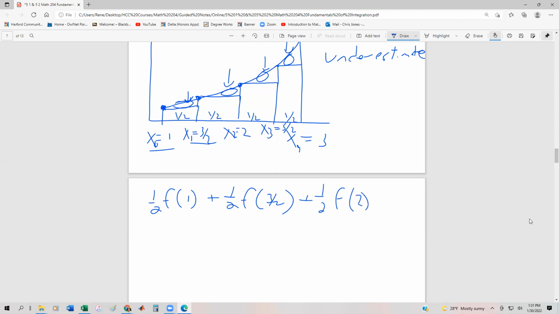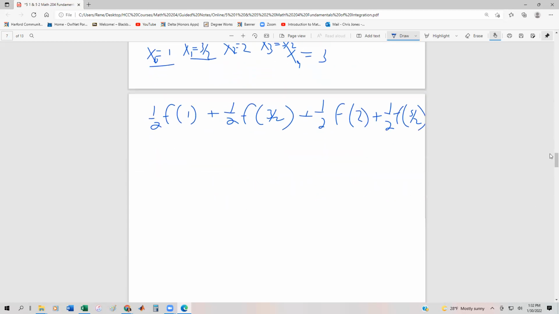So we have 2, and then finally we have 1/2 times the function at 5/2. All right. Certainly we could factor out a half and make this a lot easier on ourselves. So 1/2 times f at 1, f at 3/2, f at 2, f at 5/2.